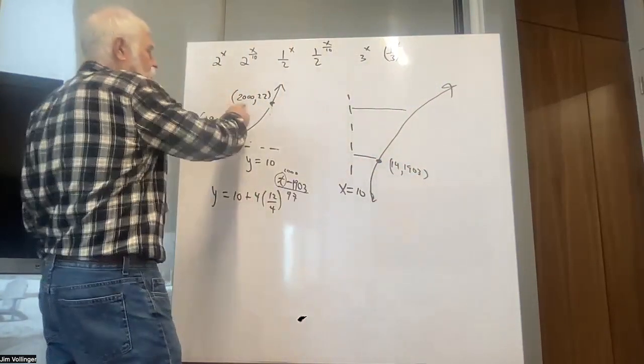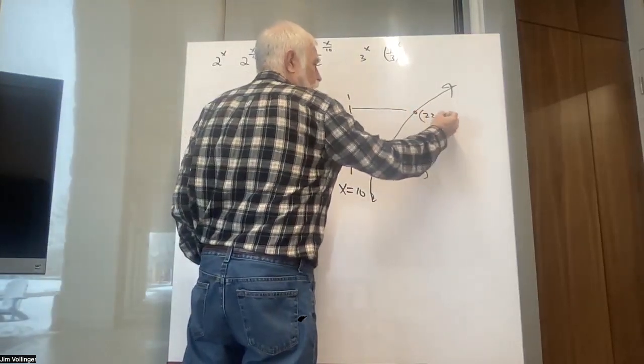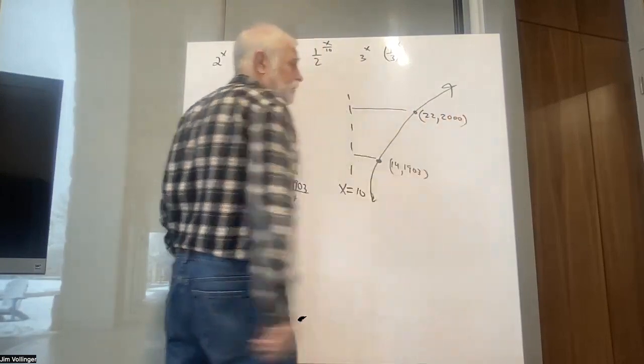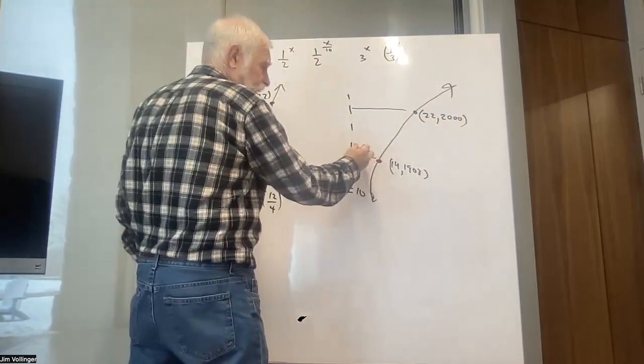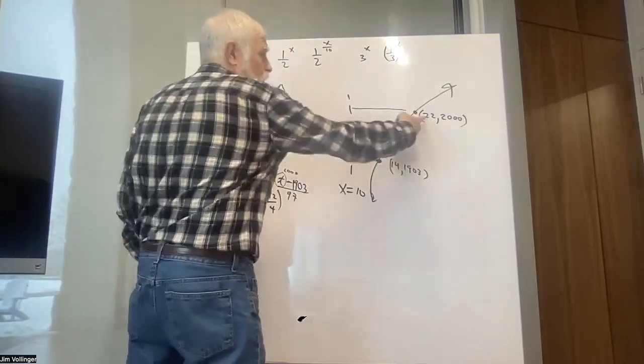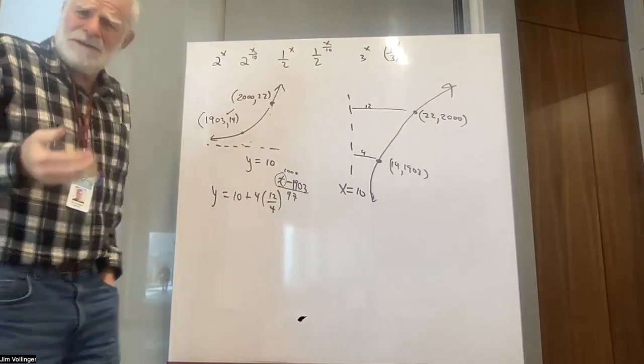And instead of 2022, you're going to get 22 to 2000. That's the inverse. I hope you can see that from 10 to 14 is actually 4, and from 10 to 22 is actually 12. So there is some similarity here.